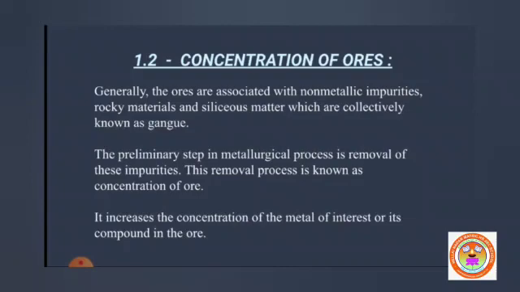Generally, the ores are associated with non-metallic impurities, rocky materials and siliceous matter, which are collectively known as gangue or matrix. For example, hematite ore, the formula of hematite ore is Fe2O3, contains SiO2, that is silicon dioxide, as gangue. The impurity, that is the gangue associated with hematite ore, is SiO2.